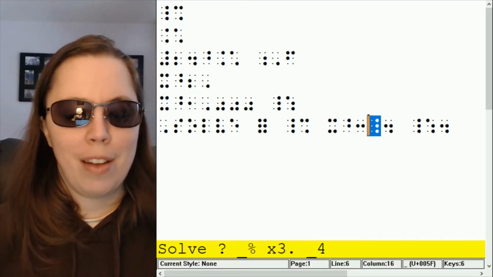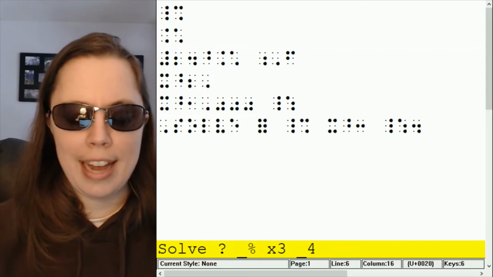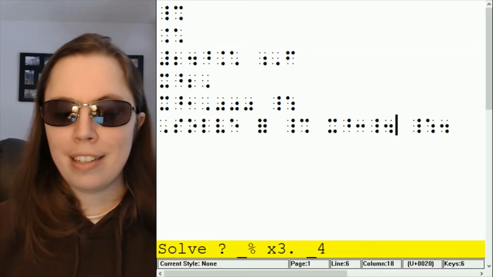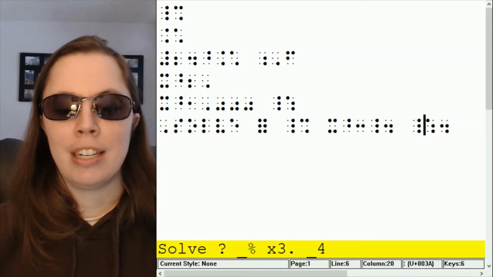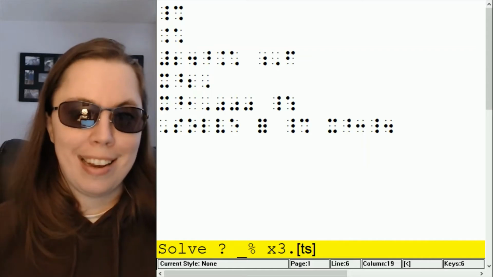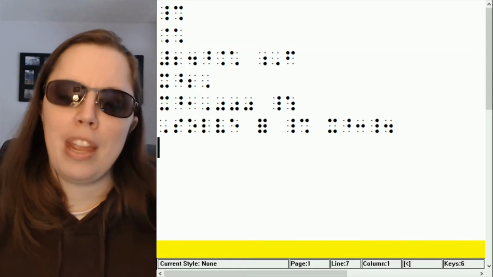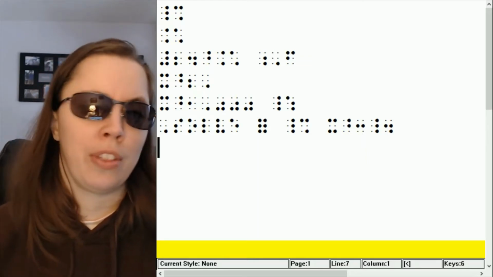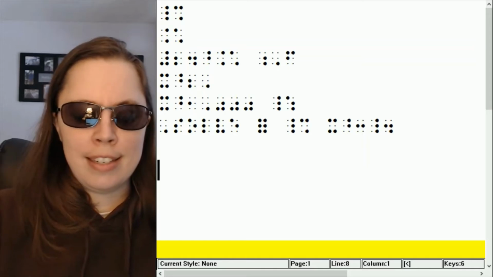With the advent of the Nemeth switch indicators, I'm not sure how often you'll see that in practice, but if there's a punctuation mark directly after a superscript, the punctuation indicator terminates the superscript.